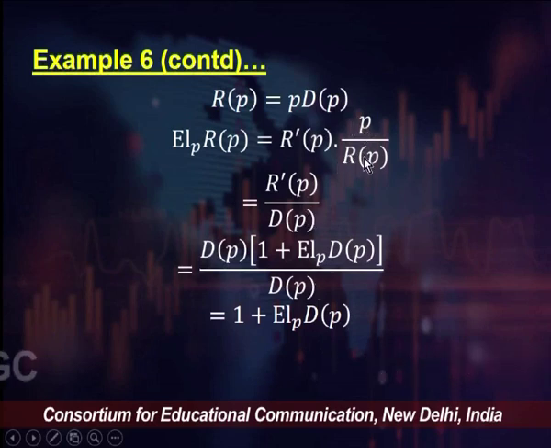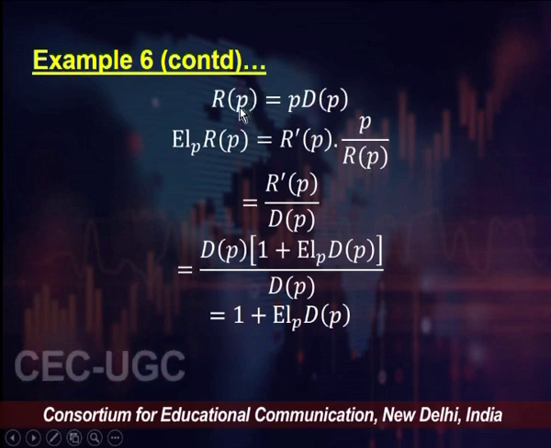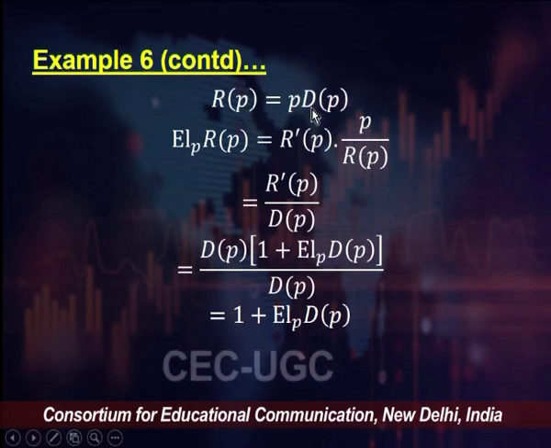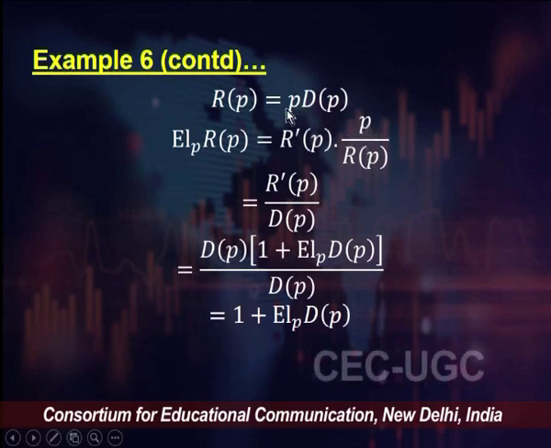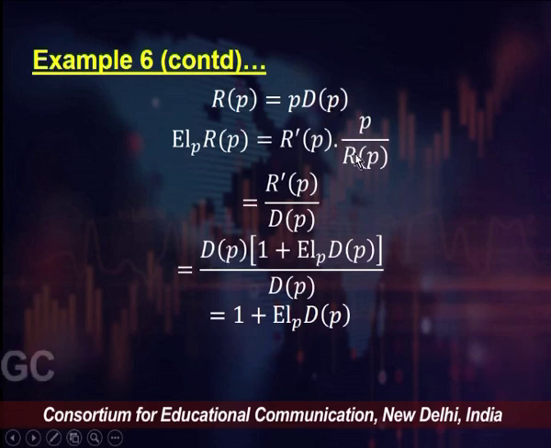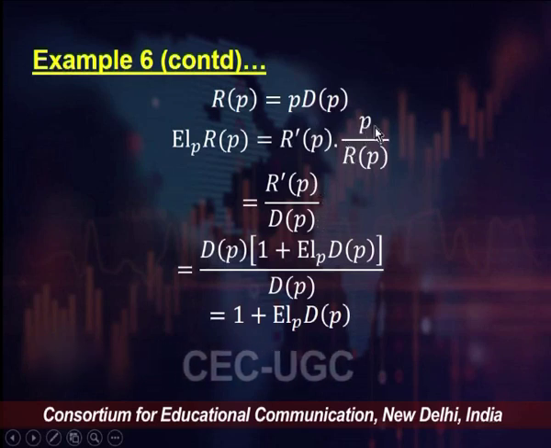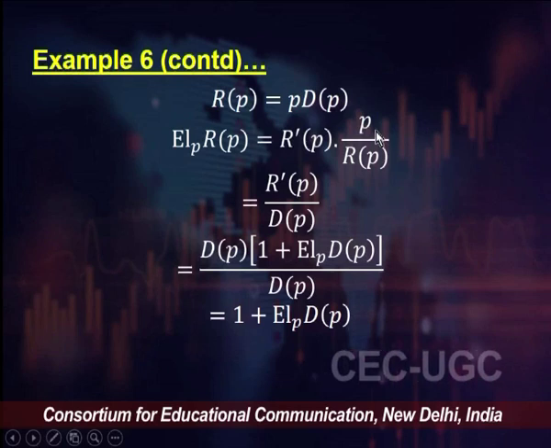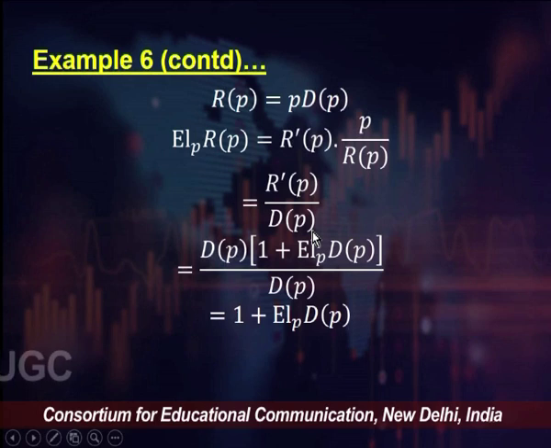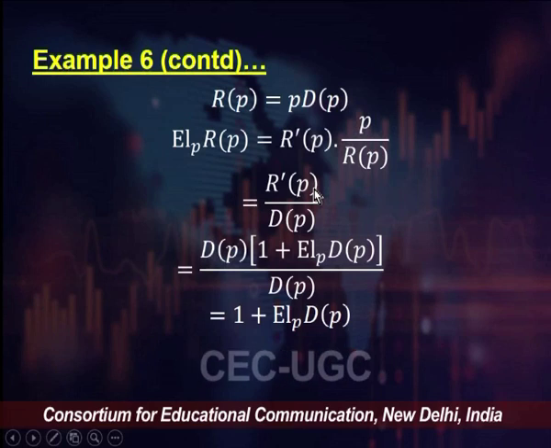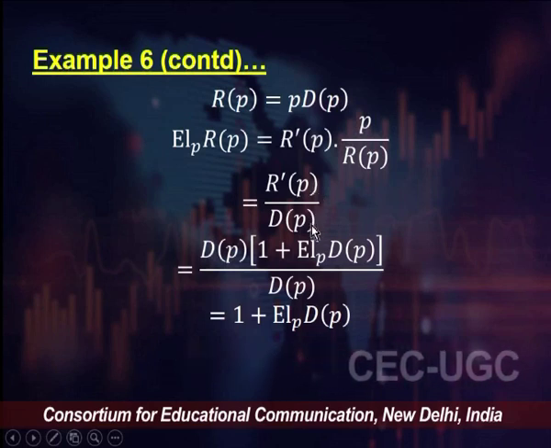This p divided by R(p), because your total revenue is p times D(p), is going to be nothing but 1 by D(p), right? Because R(p) by p is D(p). So instead of p by R(p), I am just substituting from the first equation 1 by D(p), and this is how I get the elasticity of R(p) with respect to p as R'(p) divided by D(p).